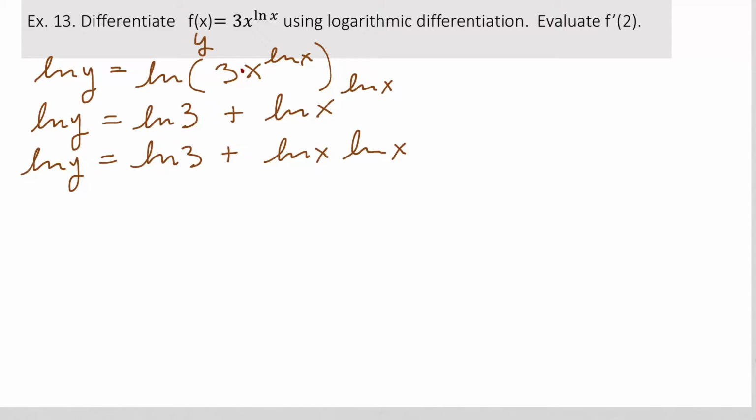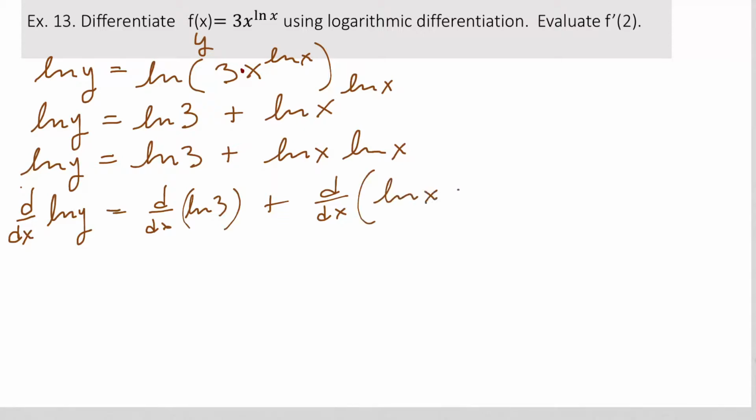All right, so now I'm going to differentiate both sides. So let's just write that. Differentiating, let's make that a little neater. Derivative with respect to x of the ln of y, derivative with respect to x of the ln of 3, plus the derivative with respect to x of this product here.